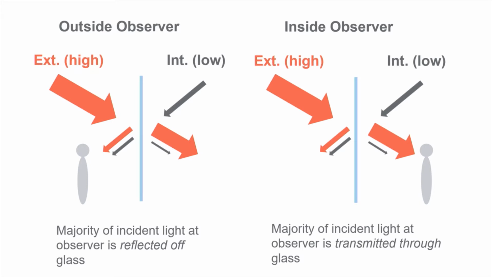So why is that? A lot of the light on the outside, very high light levels compared to internal light levels being very low, which usually is the case because we can't achieve as high light in a building as the sun does. So light is reflected back, and we see that surface as being black and reflective, whereas when we're on the inside, the light on the outside really allows us to see through from the inside.